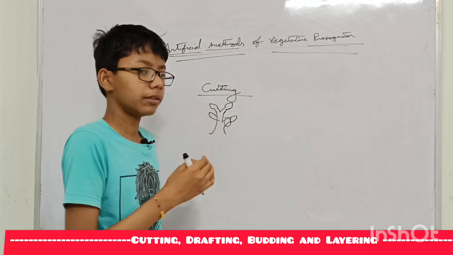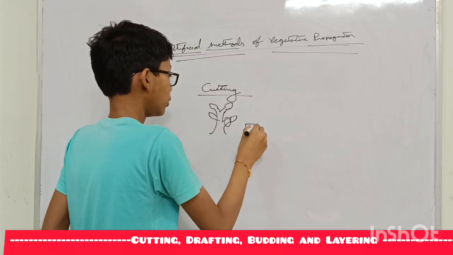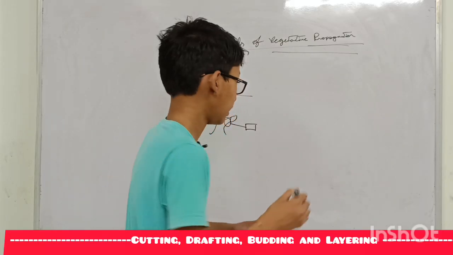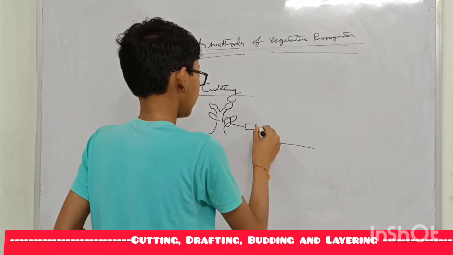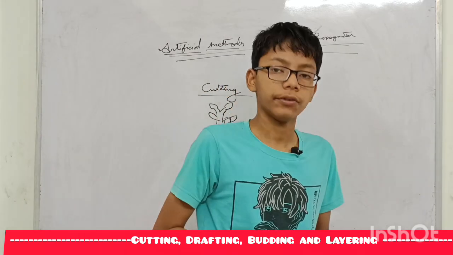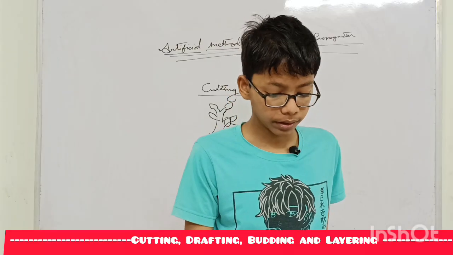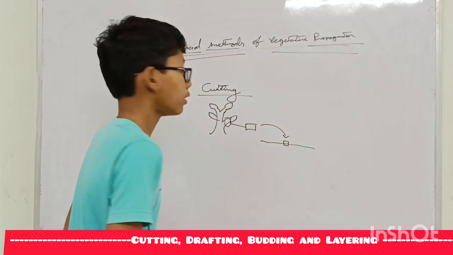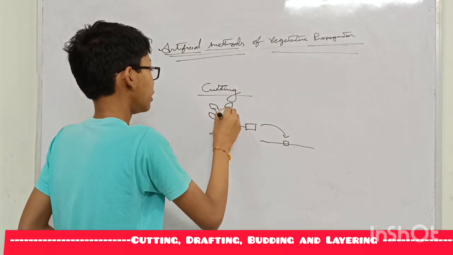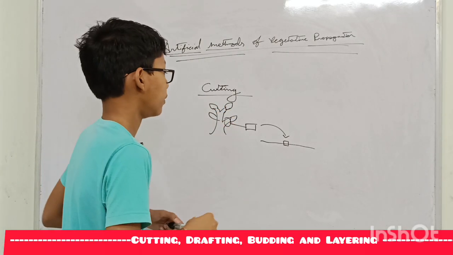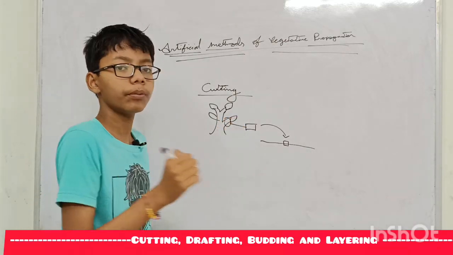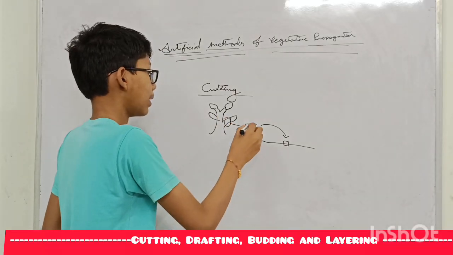First the process begins by cutting a small portion of the stem of a plant, and then the second step is that the stem is placed in the soil, which later on turns into a new plant, for example rose. So the process is quite simple. First, select a plant that you want to cut, and next cut a small portion of the stem of the plant.